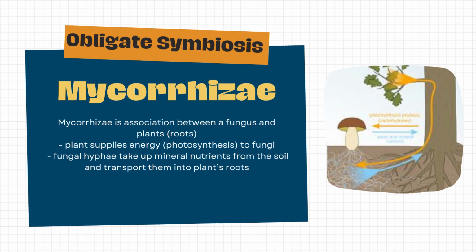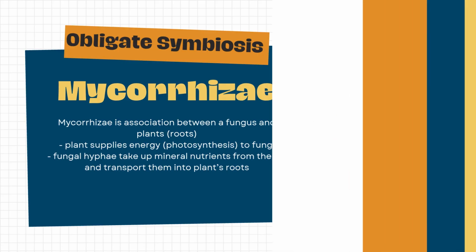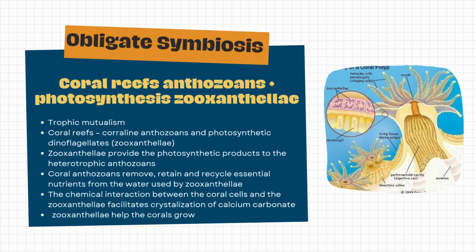The plant supplies energy, which is from photosynthesis, to fungi, and fungal hyphae take up mineral nutrients from the soil and transport them. Another example is coral reefs, anthozoans, with photosynthetic zooxanthellae. It is a trophic mutualism between coralline anthozoans and photosynthetic dinoflagellates, which are the zooxanthellae.